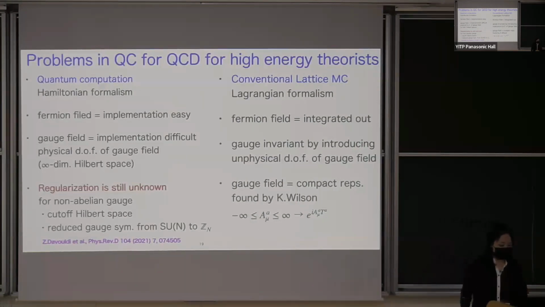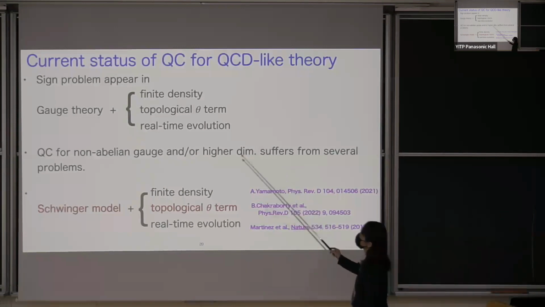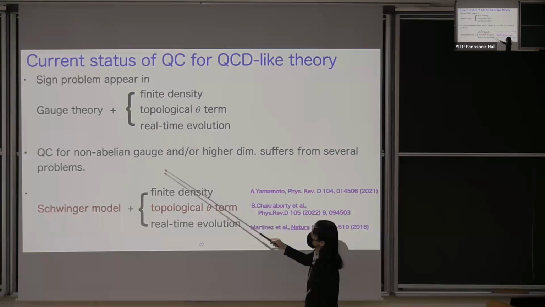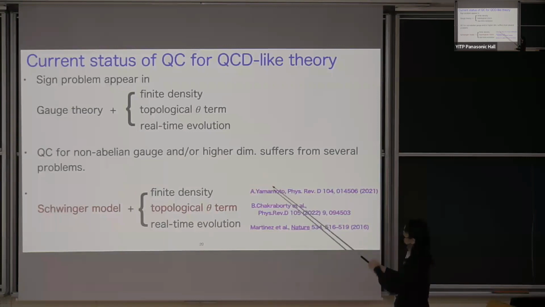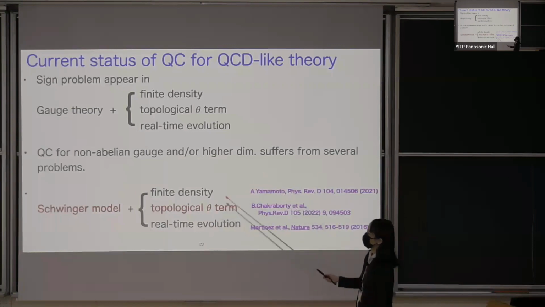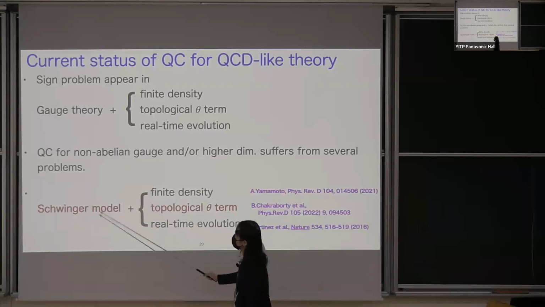Honestly speaking, we are waiting for the post-Ken-Wilson for the quantum devices. But I'd like to share this open problem. This is the current status. In the conventional method, we have a sign problem, and quantum computation for non-abelian gauge theory or higher dimensional gauge theory suffers from several problems. But fortunately, we have one gauge theory model, the so-called Schwinger model.